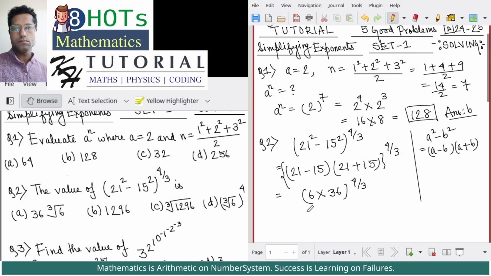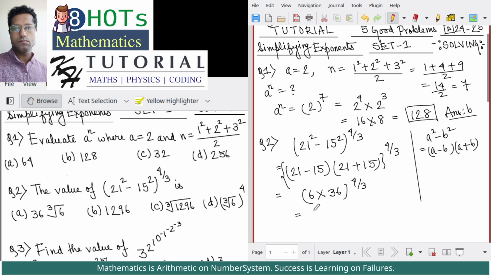Choice D is the fourth power of the cube root of 6. Now let's try to convert the whole expression, 6 multiplied by 36, into exponential form with base 6.